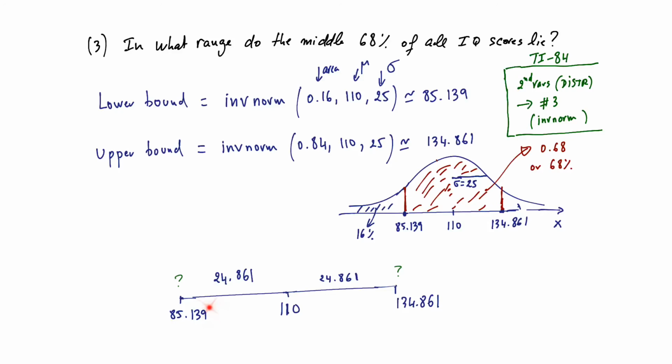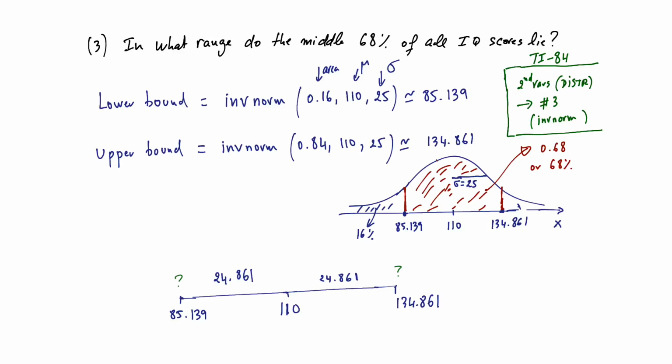Since you know the mean, you can take advantage of it to get the other location. The distance between 85.139 and 110 is 24.861, by doing 110 minus 85.139. Once you find that distance, duplicate it, because the mean is the midpoint between the two and is equidistant from them. Then you add that distance to 110, and you get the upper bound.